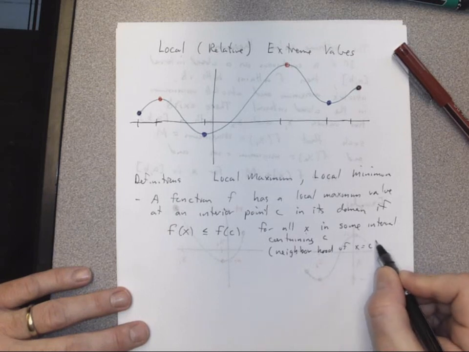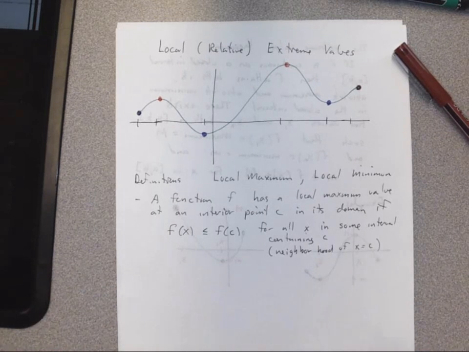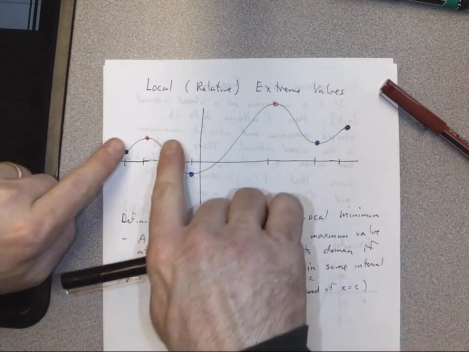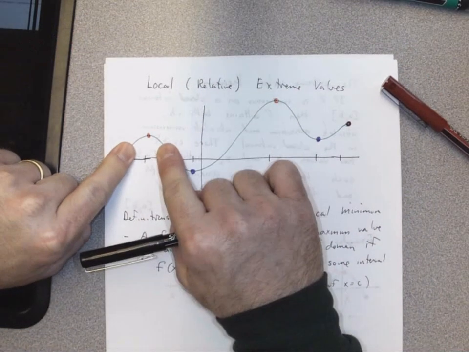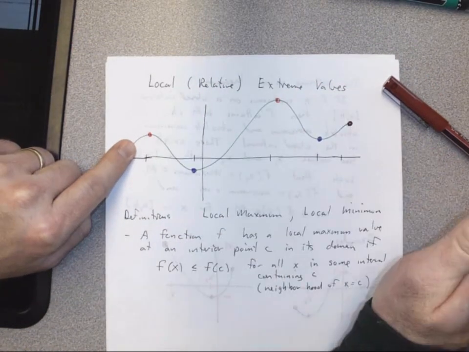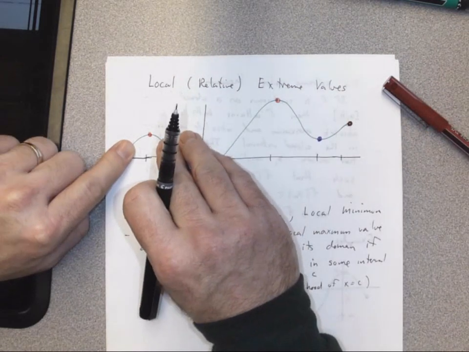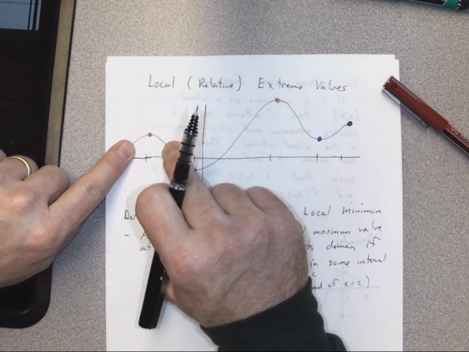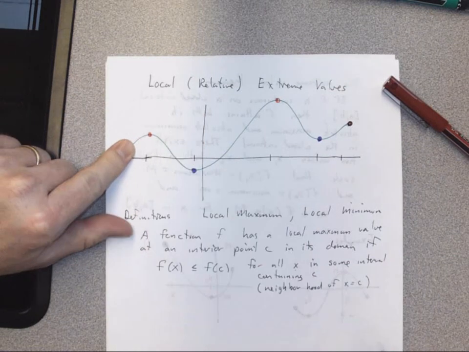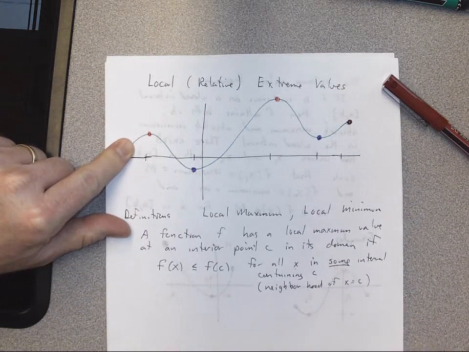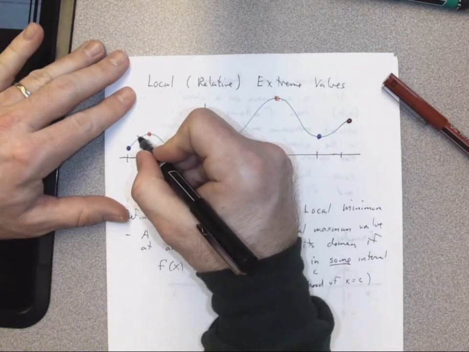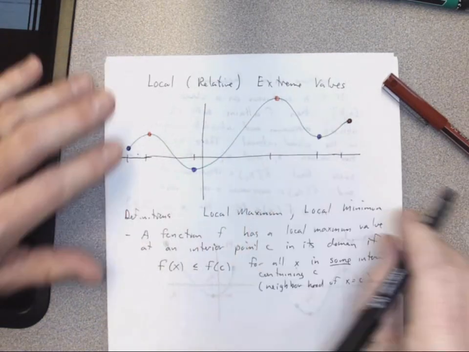So what we mean by that is let's look at this point right here. What I'm saying is that this is a local or relative maximum because it's bigger than all the points that are kind of around it, right? So there just has to be some interval that contains c. So here is an interval. Let me do it in a different color.